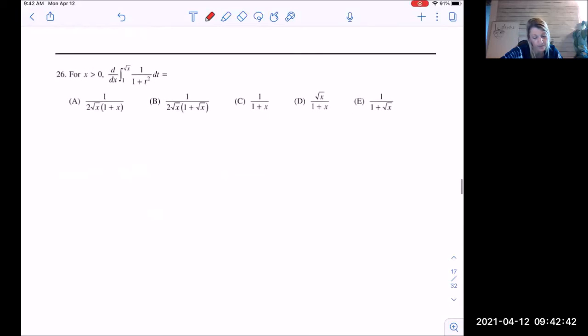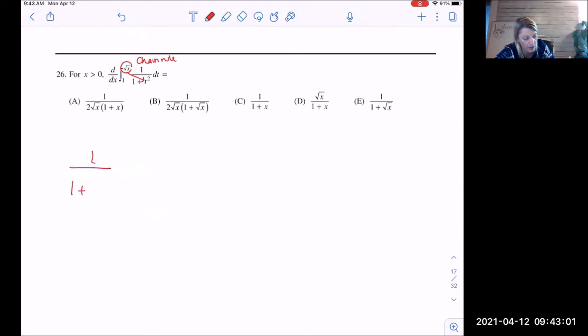Do you know what to do here? Derivative of an integral, that's fundamental theorem of calculus, right? So you plug this in here and chain rule.